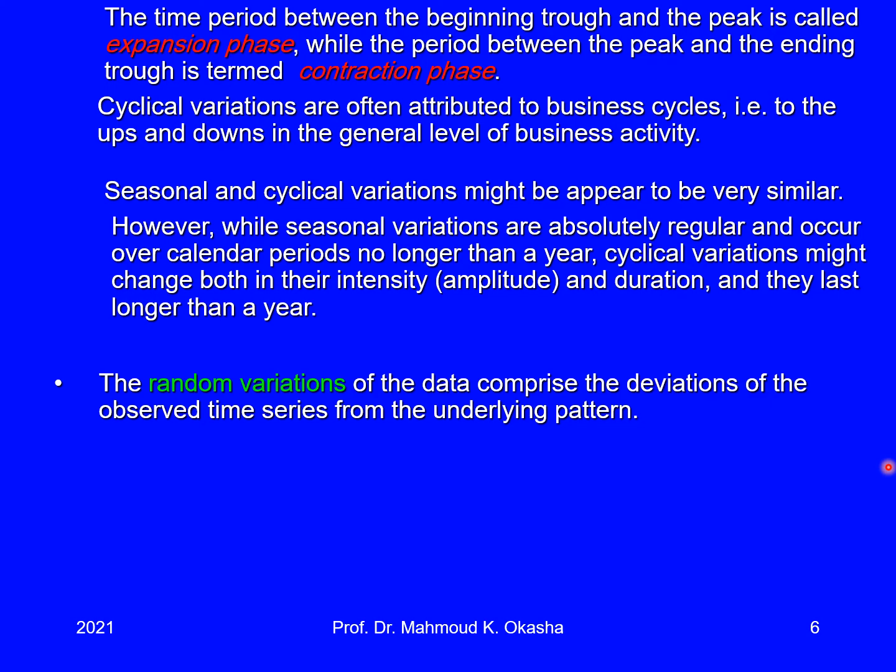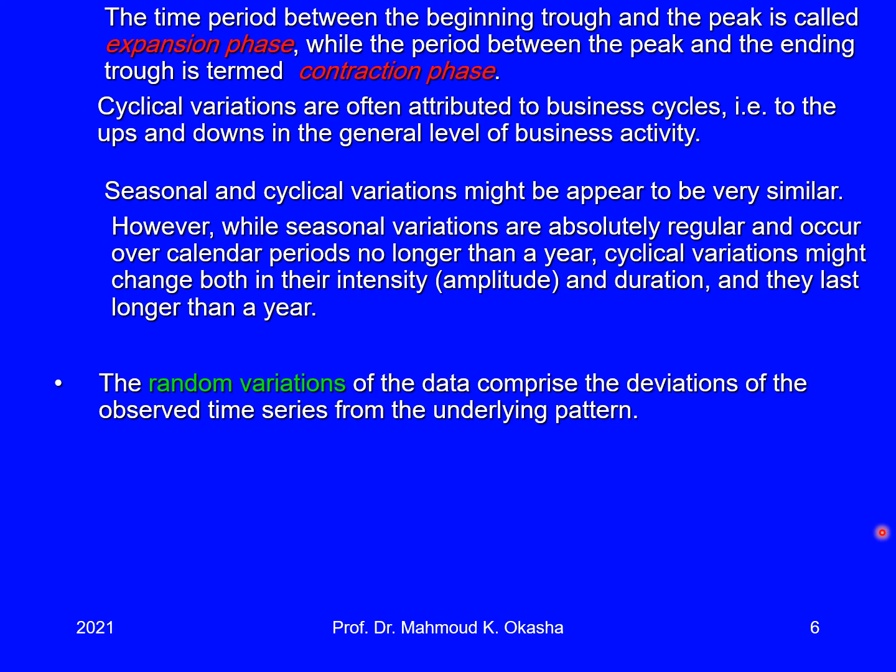The last part is the random variation. Every time series must have random variation. All time series contain random variation. Maybe some time series contain only random variation, but that time series is useless. It's useless if it contains only random variation.